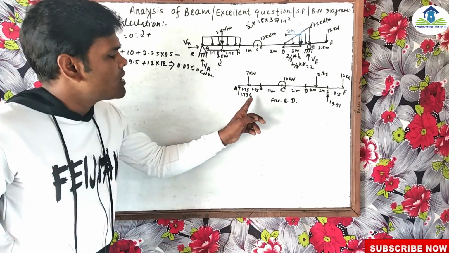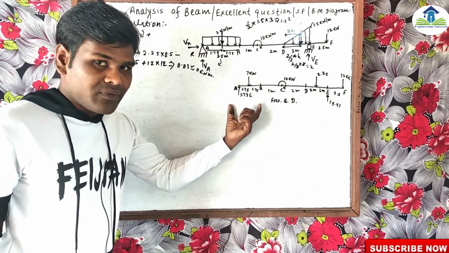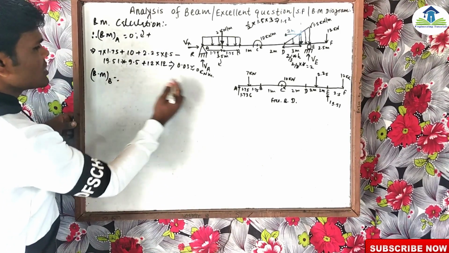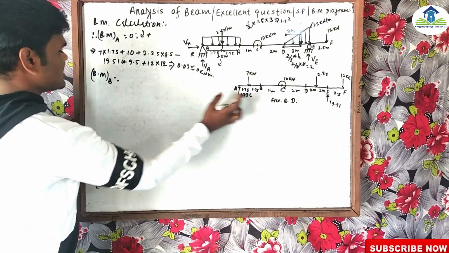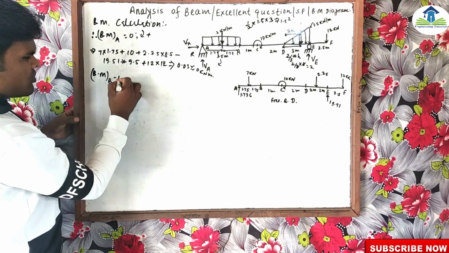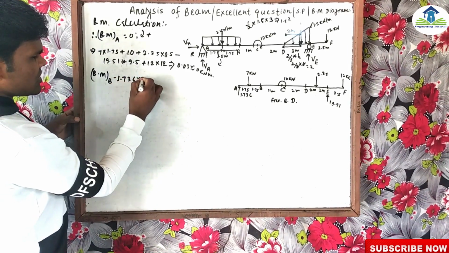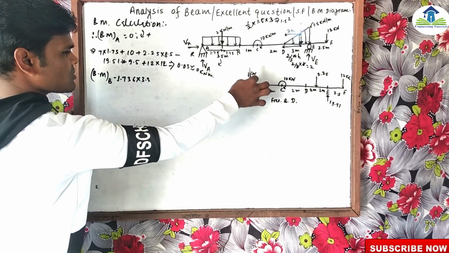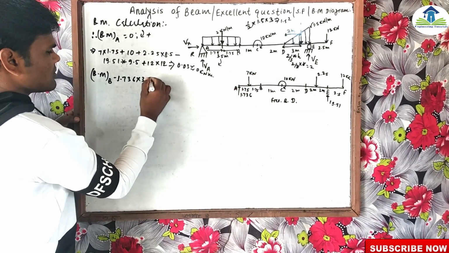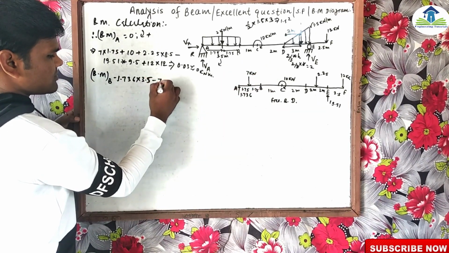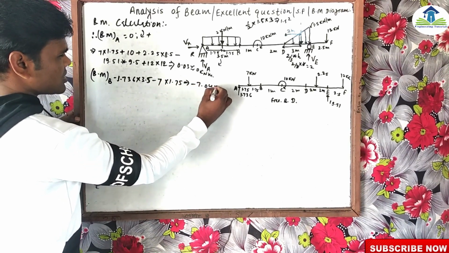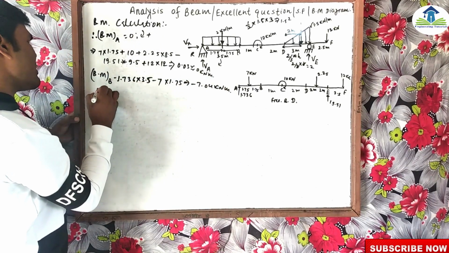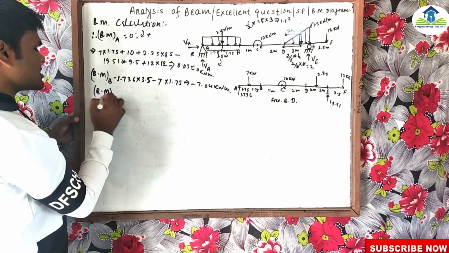Remember, so we are going to calculate only on the left side force here. So 1.736 at distance 3.5: this will be the clockwise moment, this will be the anti-clockwise moment, so minus, minus 7.175. This will be minus 7.04 kNm.